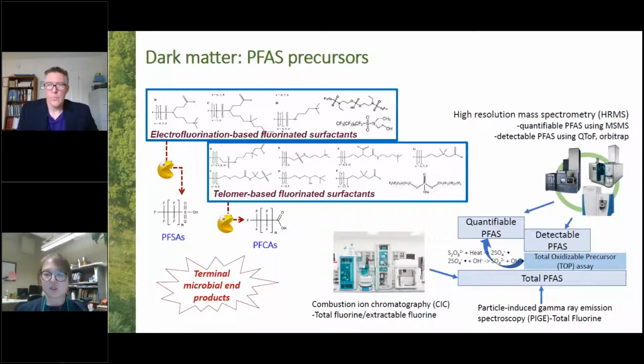When we use the TOP assay, we cannot directly predict how much amount or level of precursors were in the sample, but we can roughly understand the amount of precursors in the original sample by measuring before and after the reaction. After applying the TOP assay, we could see 2 to 5 times increased PFSA and PFCA concentration. That means there were chemical PFAS precursors that could further transform to PFSA and PFCAs.